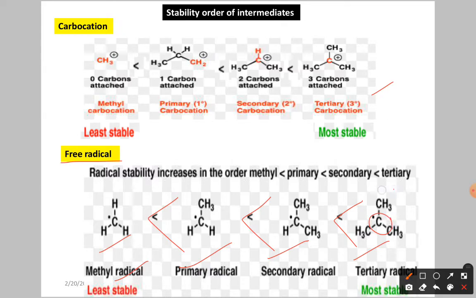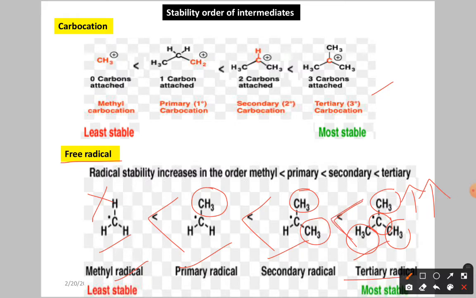In this case we have 3 donating groups, which increases the stability. Here we have only 2 donating groups, here only 1, and here none. Once donating groups increase, stability increases. So the tertiary radical is most stable.